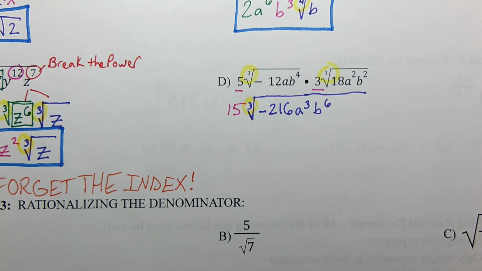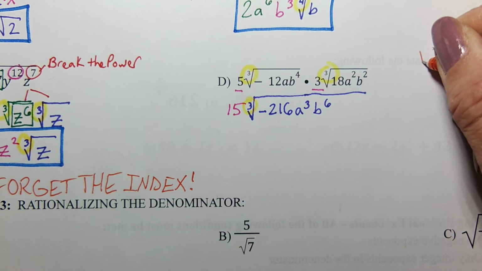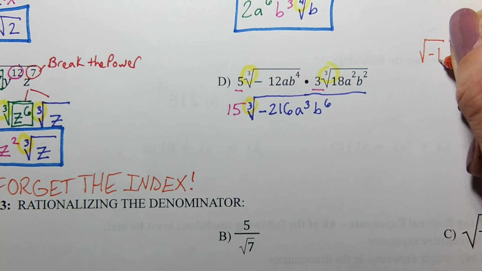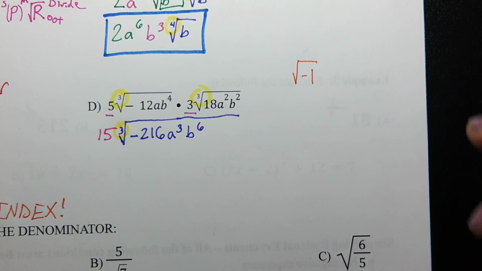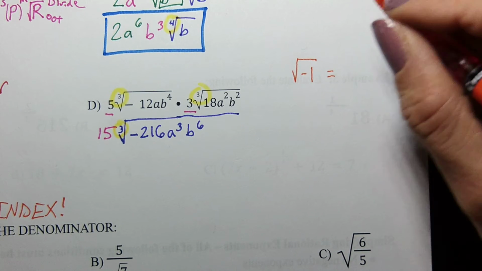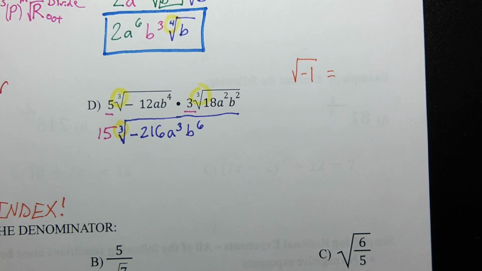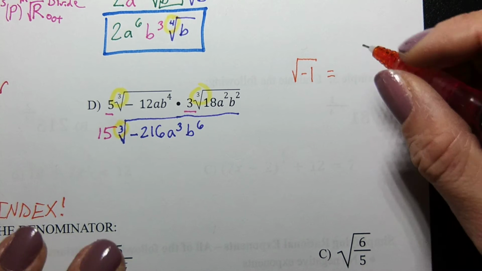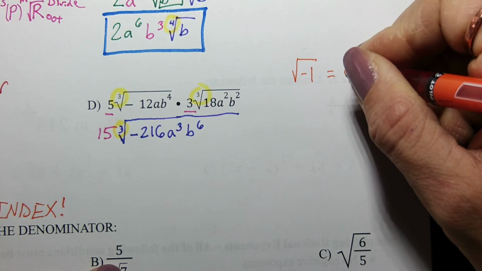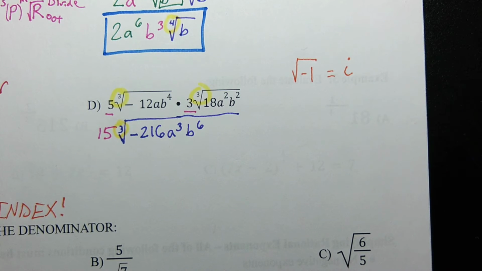Before we do that, we've got to talk about an important rule that is different from what we have seen in previous units. What's the square root of negative 1? When we saw this in the quadratic formula, what does a negative under the square root mean? It means i.